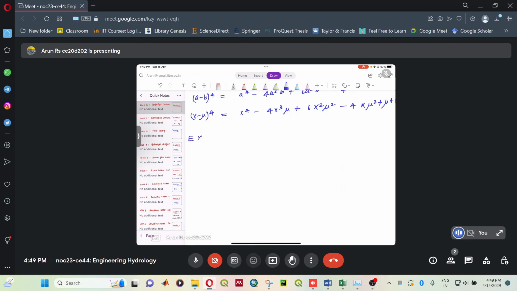And if we apply the expectation of x, this will be E of x power 4 minus 4E of x cube into mu plus 6E of x square into mu square minus 4E of x into mu cube plus mu to the power of 4.